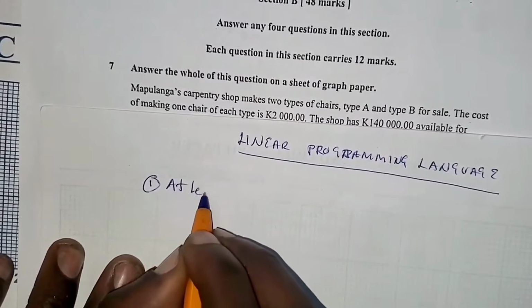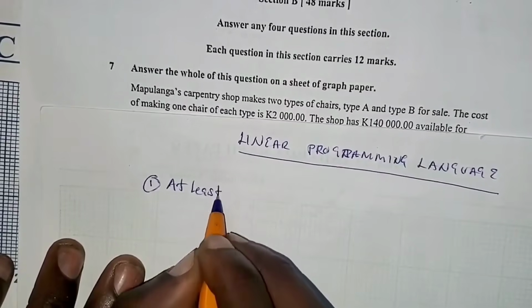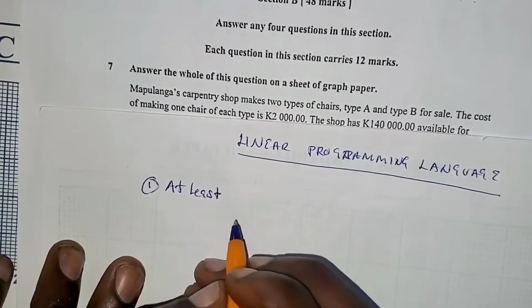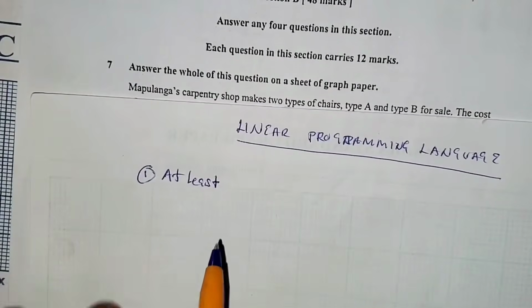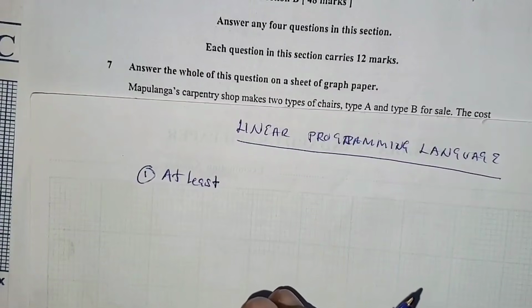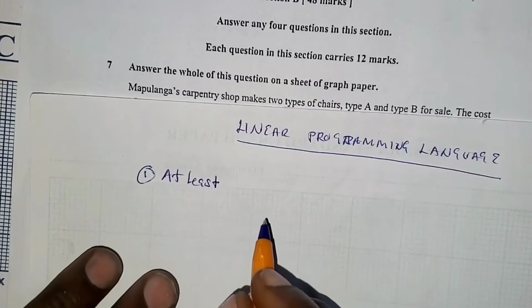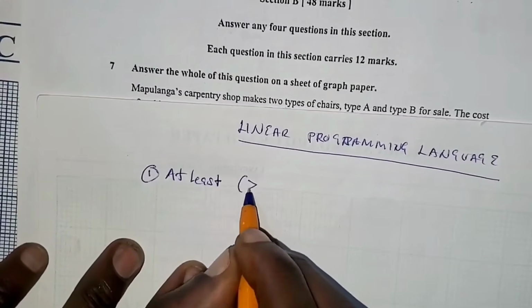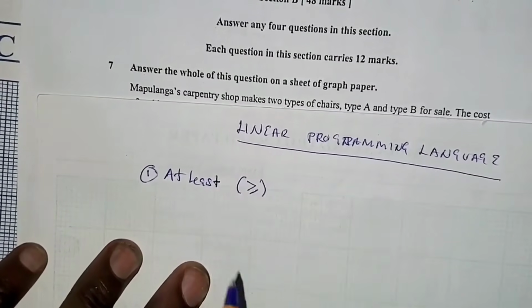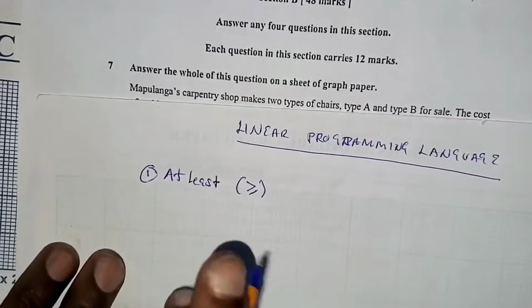This is the term that you always find most of the time in the exam. Even this exam which is coming in, October, November, somewhere there, you may find this vocabulary. So at least means greater than or equal to.